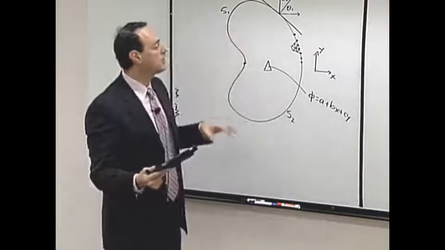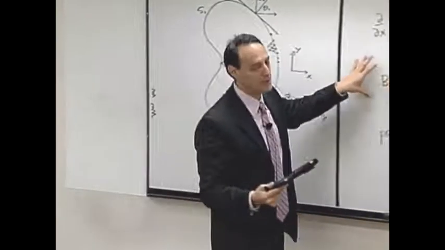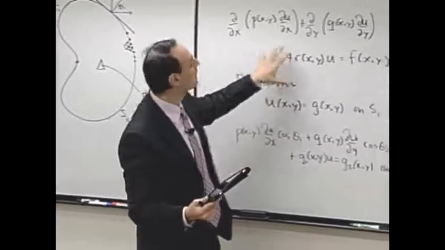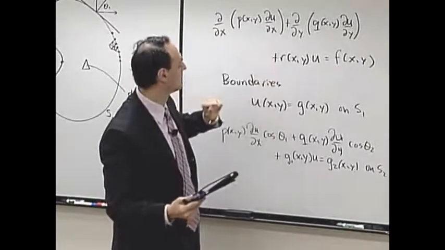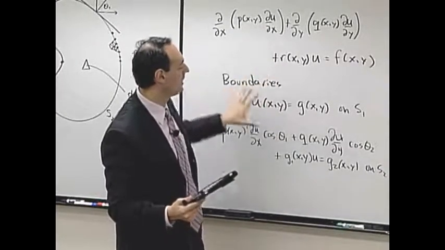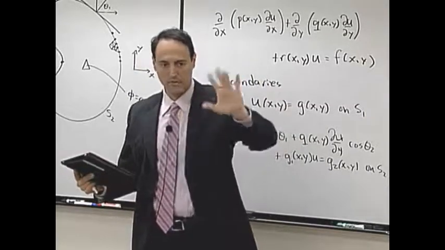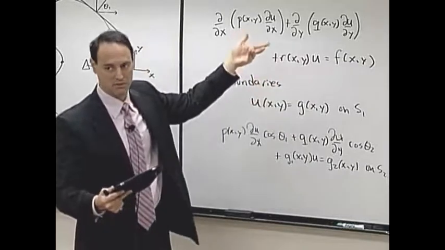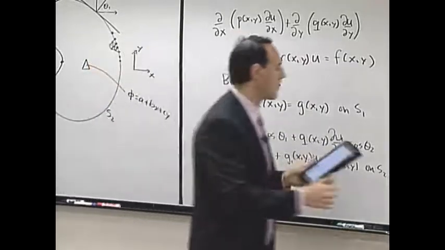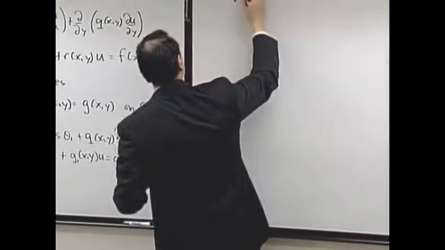Okay, so what we're going to do is write this in what's called the weak formulation. And the weak formulation is going to say, take this and write the whole PDE and its boundaries in an integral form. So I want to sort of, in some sense, integrate this equation up. So I'm going to use what's called a variational principle.